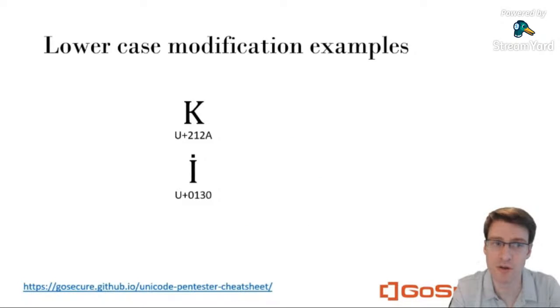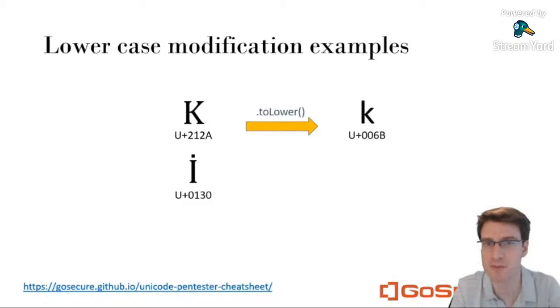Then for the lowercase transformation, we'll have the Kelvin K. For temperature, there's Celsius, but there's also Kelvin. When there's a lowercase transformation, there is no character in Unicode for lowercase Kelvin, so instead they simply point to the Latin k character.